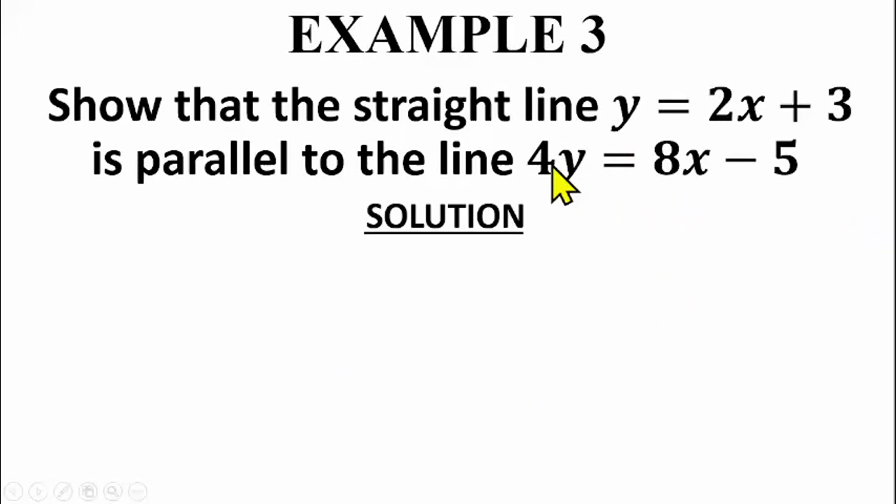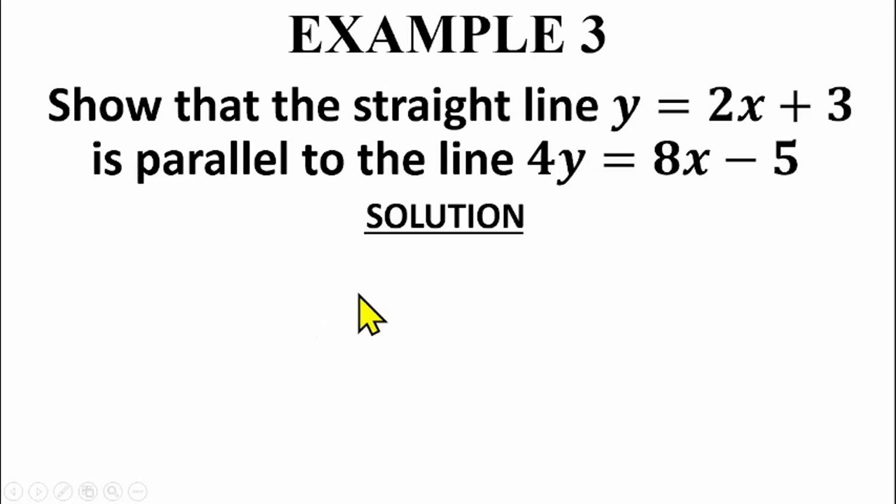So what we need to do is to find the gradient of this straight line, which we have done before, how to find gradient from the equation of a straight line. And you need to find the gradient of this straight line as well. And if what we get are equal, then that means they are parallel, because that's the condition for parallelism.